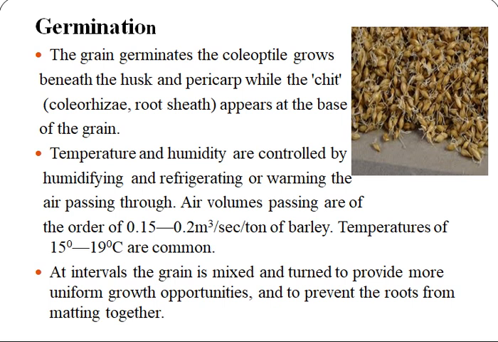At intervals, the grain is mixed to provide more uniform growth opportunities and to prevent the roots from matting together. Why do we mix the grain? When germination has started, we mix so that all the grains can germinate evenly and uniformly, and the roots do not mat together.